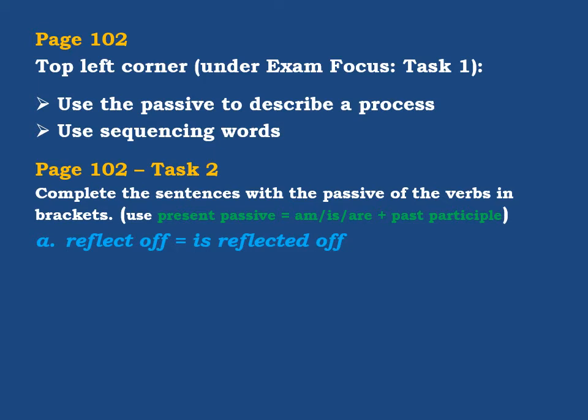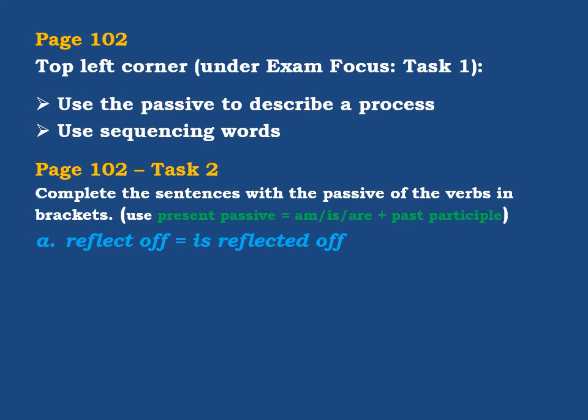So as you can see, we have steps, and each step comes after another. So there is a sequence, one after another. That's why we have to use sequencing words like first, second, third, after that, etc.